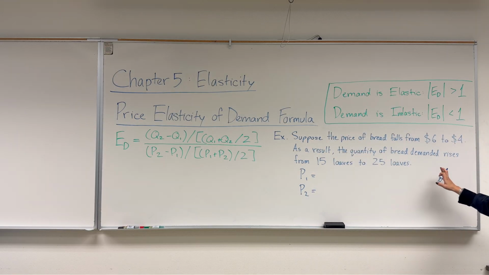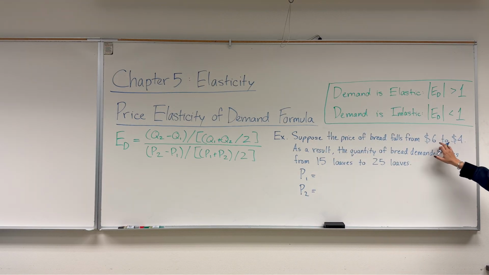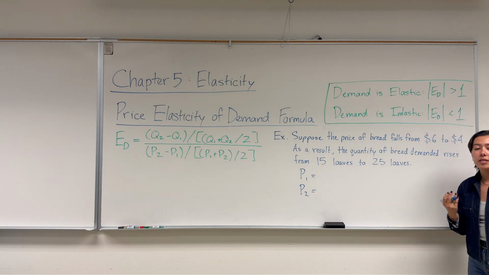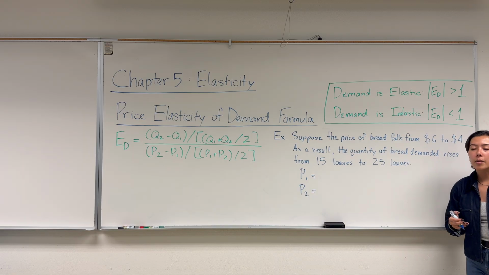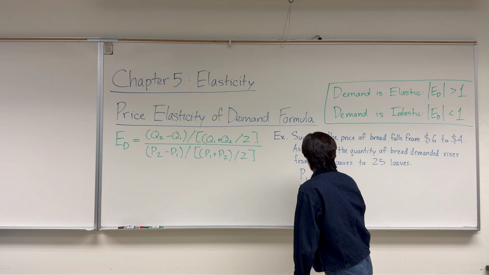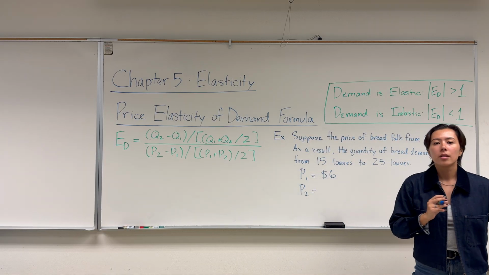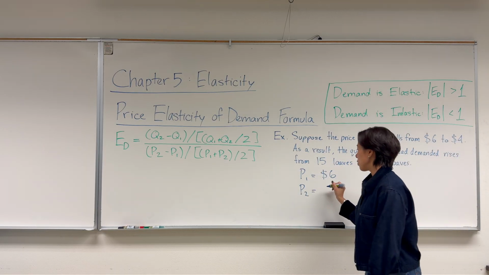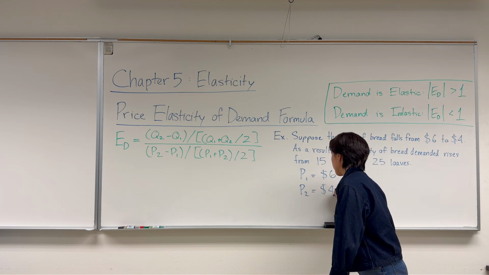So in this problem, the price of bread has fallen from $6 to $4. So what this tells me is that we started at a price of $6 and then we ended up at a price of $4. So $6 is going to be my old price, or my P1, and $4 is going to be my new price, or my P2.